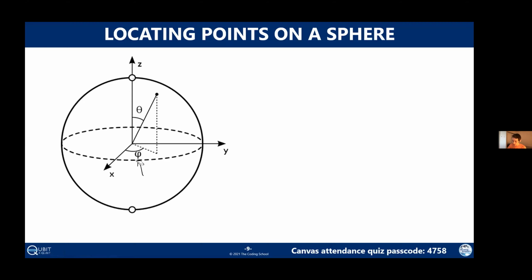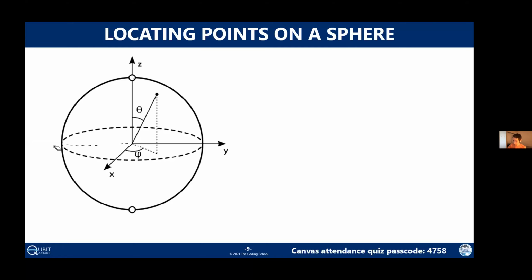Now, it is important to get the directions on this right. Note that phi is always the angle going counterclockwise around, if you were looking at the globe from the top. So if I had a state that was out here, that would not be 90 degrees, that would be 270 degrees.